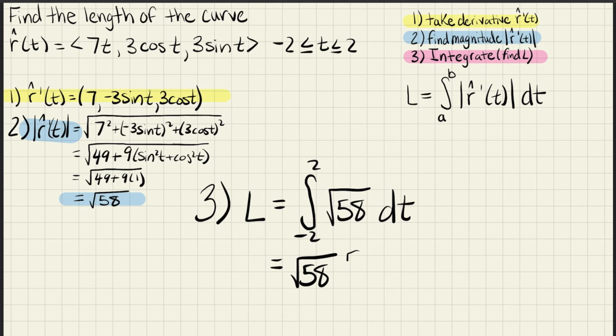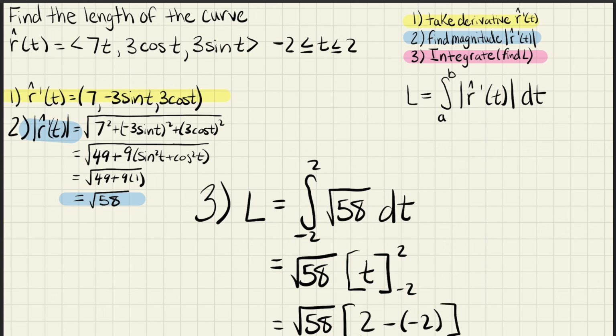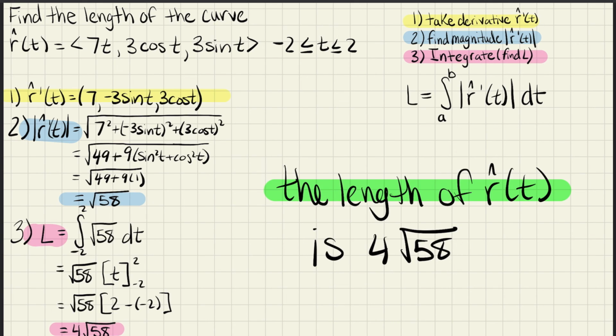And we've got the square root of 58 times t from -2 to 2. And we'll simplify this to the square root of 58 times 2 minus -2. And our final answer for the length of the curve is going to be 4 square root 58.